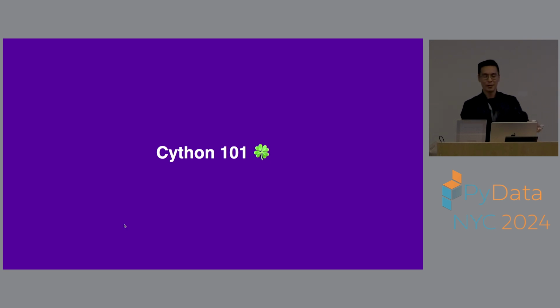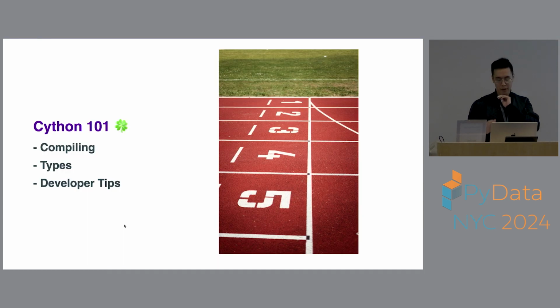So, Cython 101. This is what Cython looks like, and what it looks like to develop with. What I'm going to cover here is Cython compiling, with a very simple minimum example. Then what types look like in Cython. Because Cython is a compiled language, it converts your Cython code to C and then compiles that.